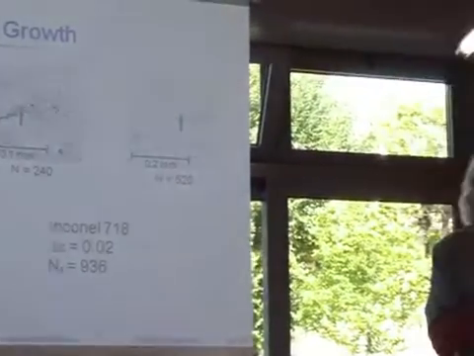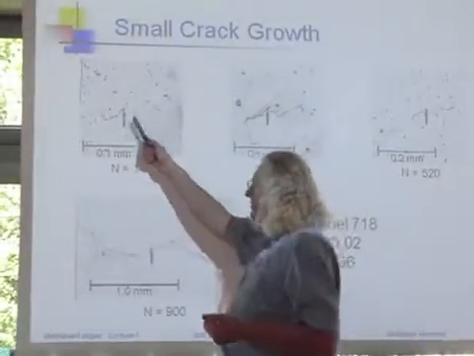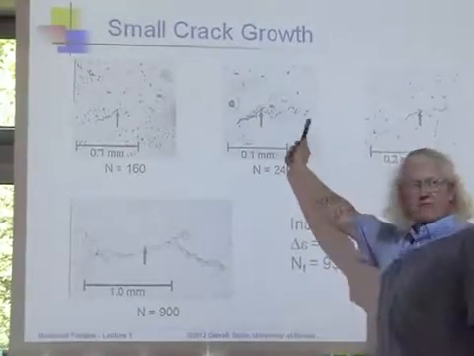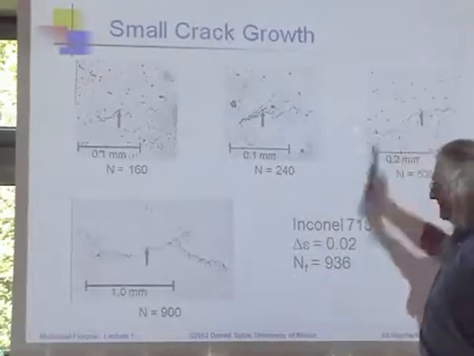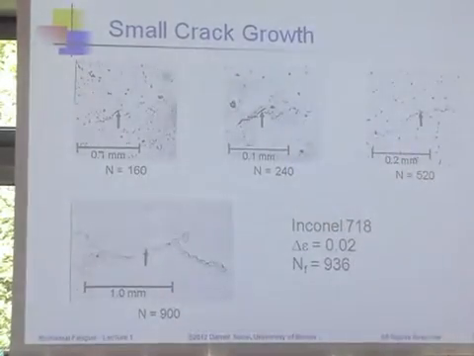I think that's impossible. Unless you have a model now that somehow knows to transition from maybe some slip band stuff to get to here, then knows about interacting with some other cracks in front, right? Maybe knows to link up and then grow. So it's a really complicated process.